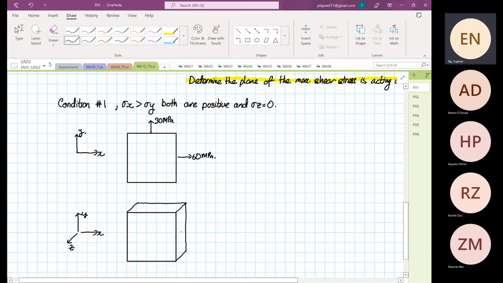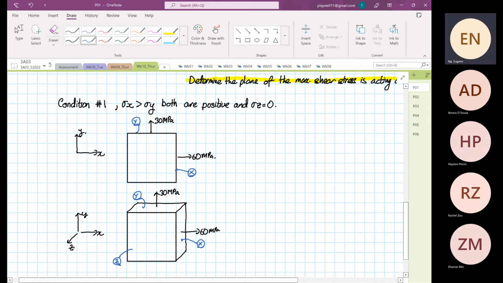So this is 60. This is 30 megapascal. Okay. So on 2D, this is our point X. This is our point Y on Mohr circle. So this surface over here is point X. This is our point Y. And this is our point Z.